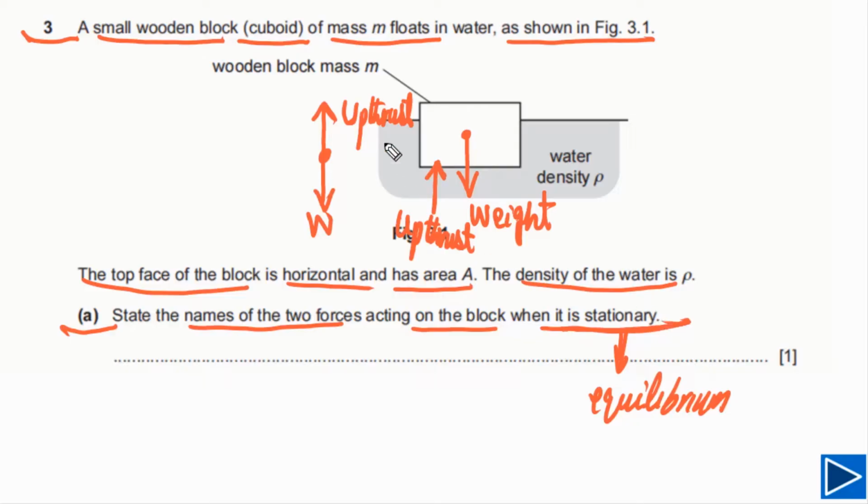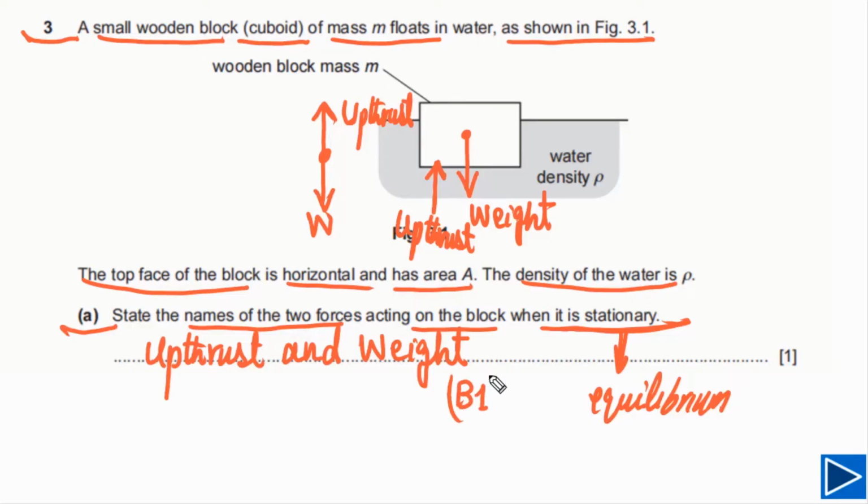So we simply need to write the names of these 2 forces. One force that is acting upwards, that is upthrust, and the second force that is acting downwards, that is weight. This question has only 1 mark. If you have written these 2 points, you will get 1 B mark.